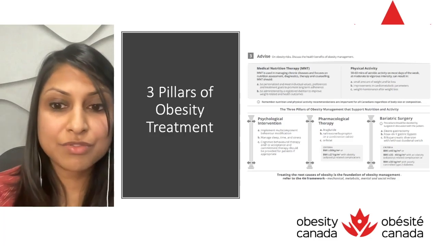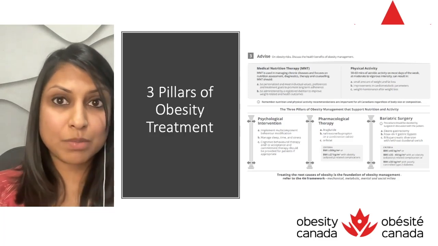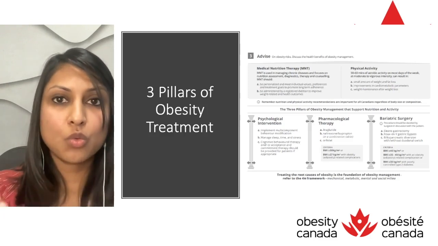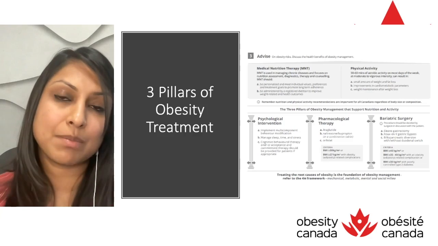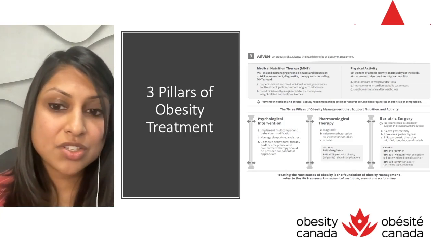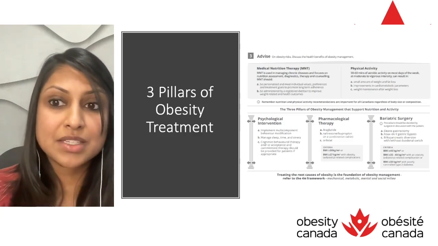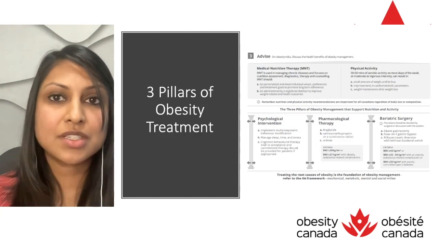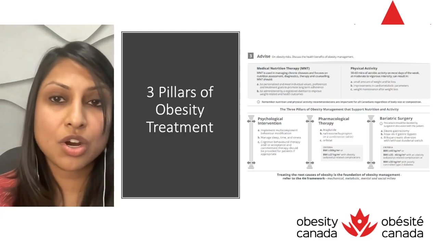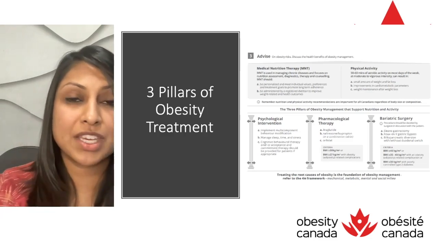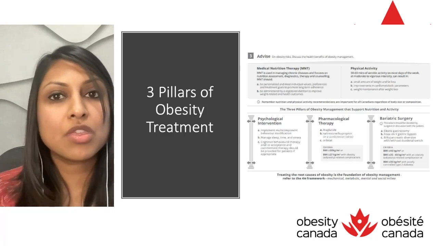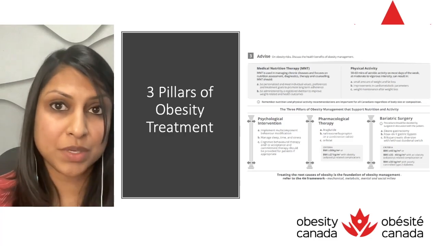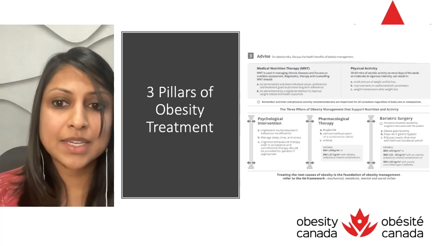Because our body is fighting against weight loss, our biology is set up for us to defend our highest weight. We need treatment that actually fights that biology. And diet and exercise alone does not do that. Psychological intervention or cognitive behavioral therapy, medications, and surgery specifically target our body's desire to want to keep our weight up, which is why those are the three pillars and the three treatments that are actually needed for obesity success. Next slide.